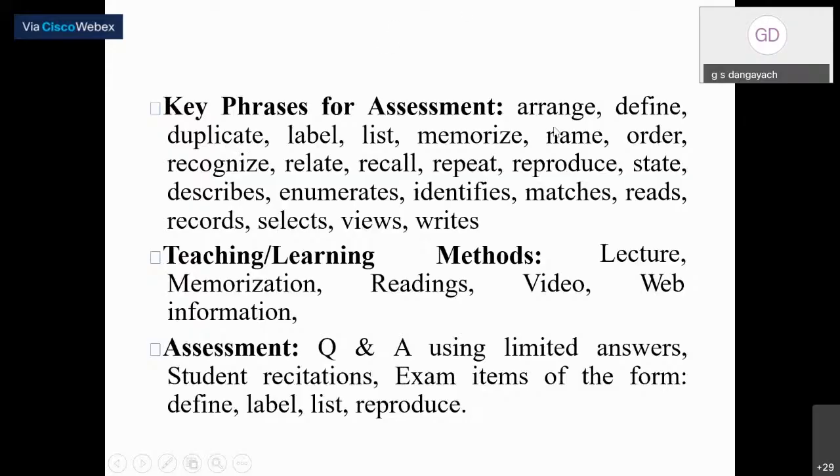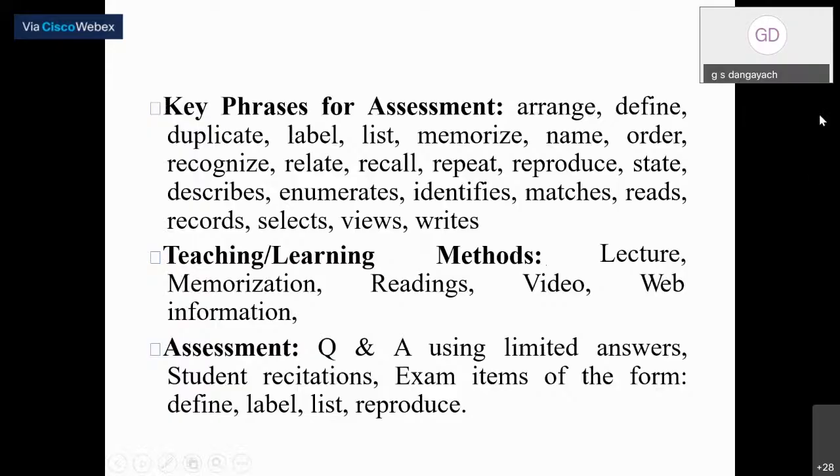So we can say: ask, arrange the following things in order, define some concept, duplicate, label, list, memorize, name the various elements of an IC engine, order, recognize, relate, recall, repeat, reproduce, state, describe, enumerate, identify, match, read, record, select, view, and write.